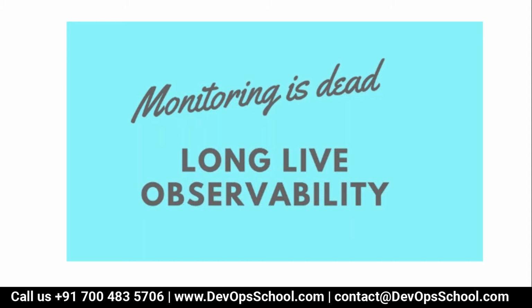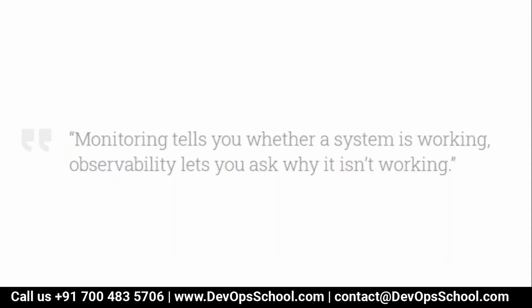So now, how is monitoring different from observability? Monitoring tells you whether the system is working or not, whereas observability lets you ask why it is not working. Tell me the reasons why it's not working.